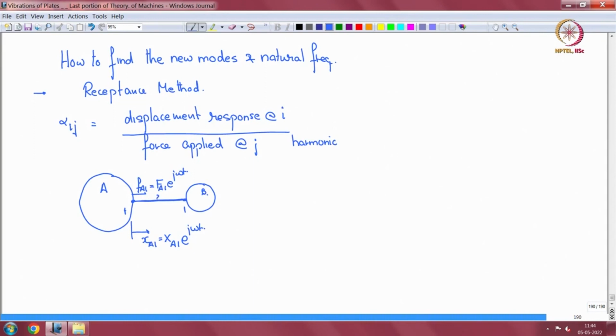That means we cut the connection and look at A freely. Similarly, the point 1 on B experiences a force FB1, which is amplitude e to the power j omega t, and a displacement small x b1, which is capital X b1 e to the power of j omega t.